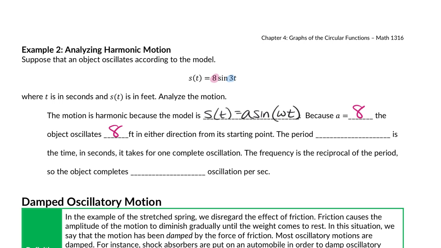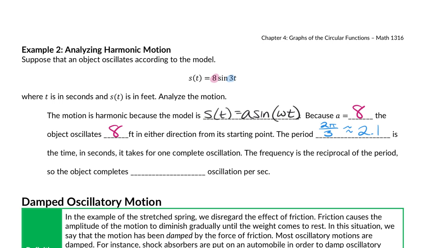The period of the function, which is always 2 pi divided by omega, which in this case is 3. 2 pi divided by 3 is the period, which is approximately 2.1. Is the time in seconds that it takes for one complete oscillation.